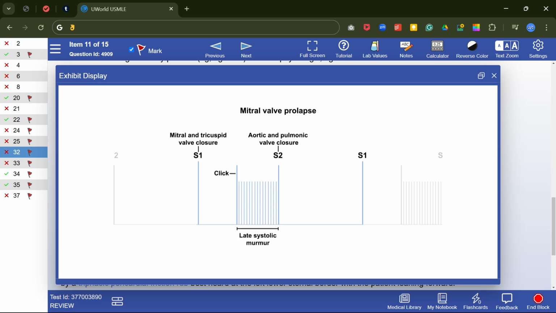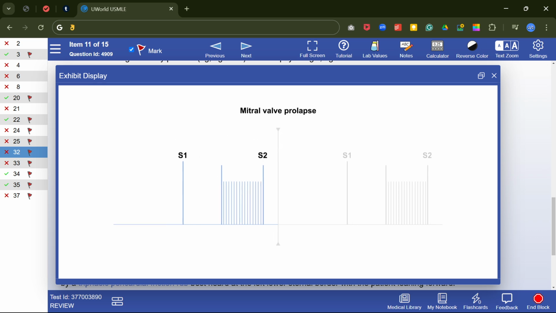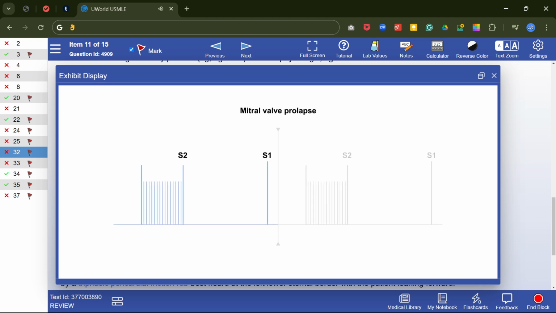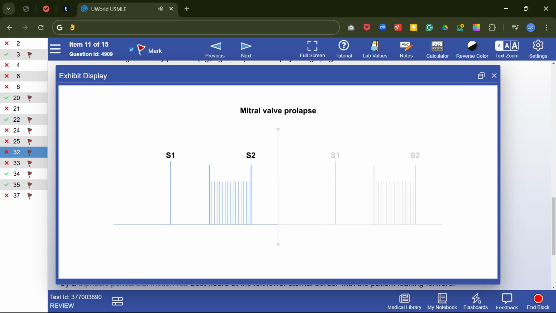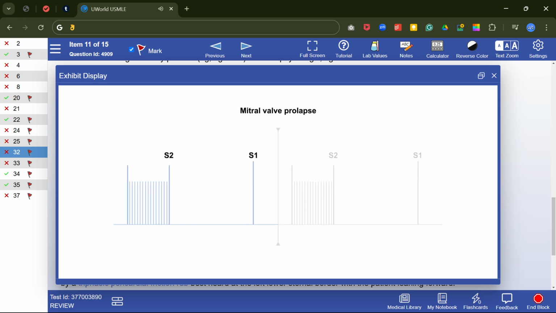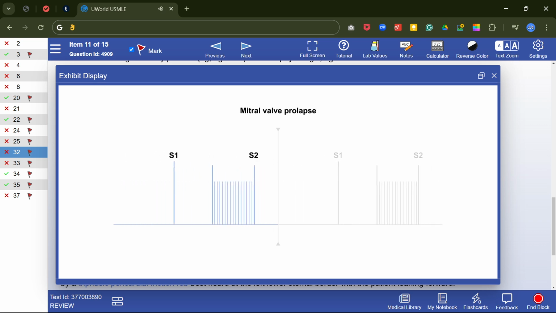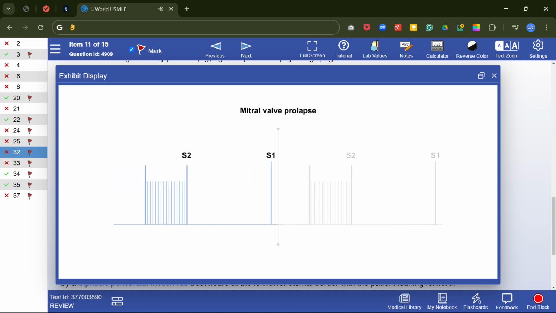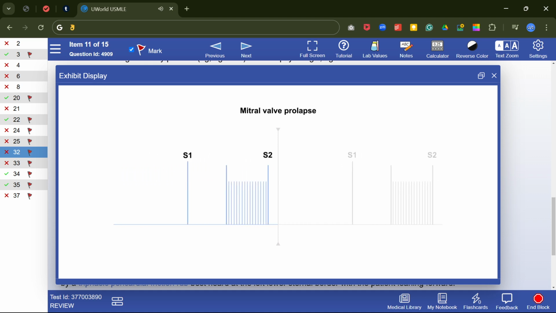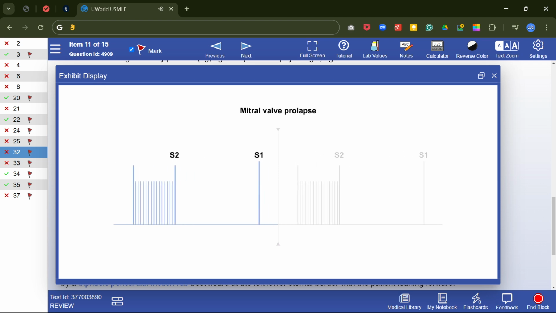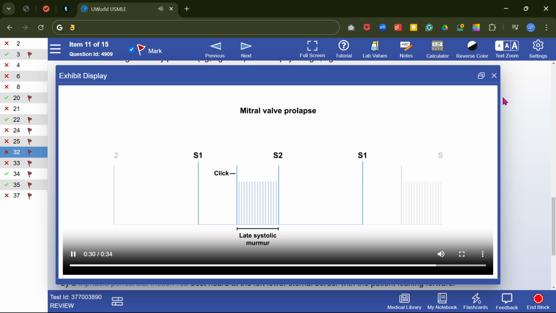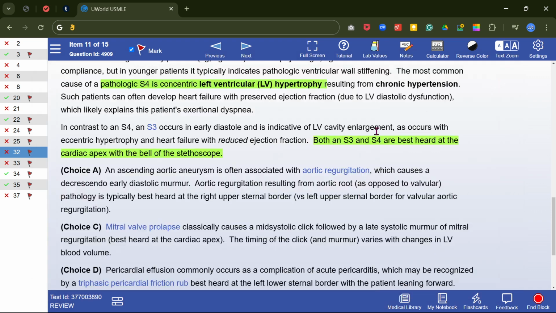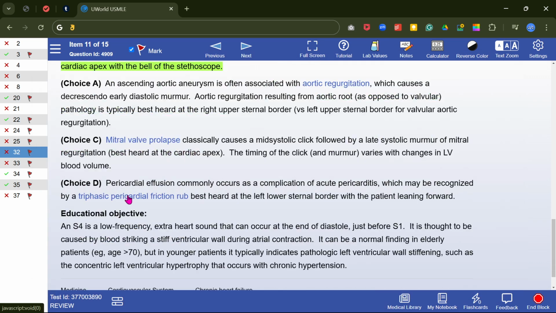This is the click. It's a late systolic murmur. That one is the late systolic click, mitral valve prolapse.